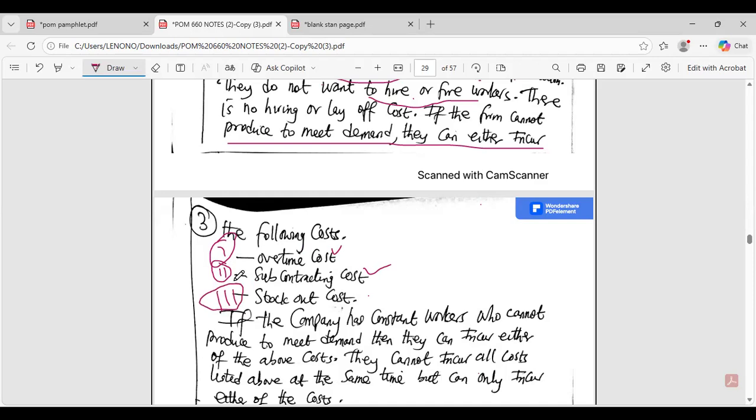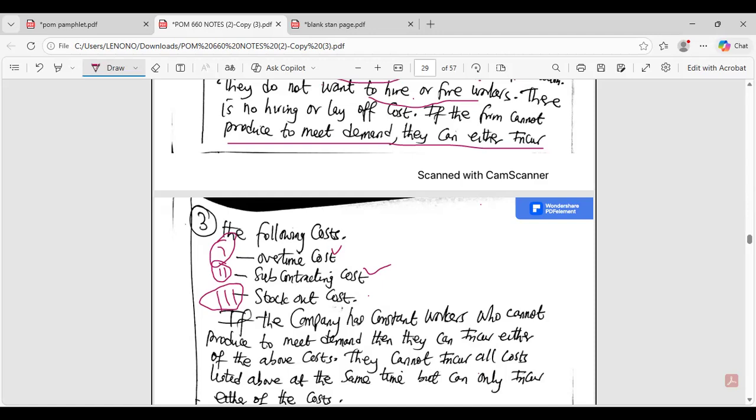You just declare to the customers that you don't have the stock and you incur the cost of losing business. That is what we call the back order cost, or stock out cost. These are the three options you can choose, but we choose whichever is cheapest among the three.